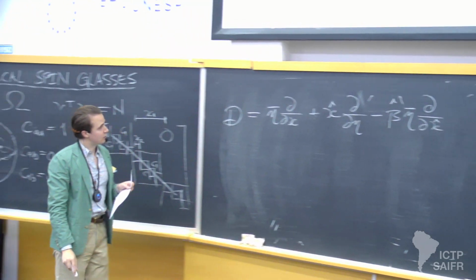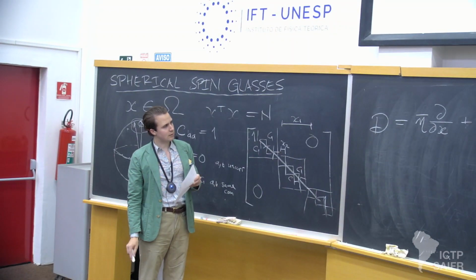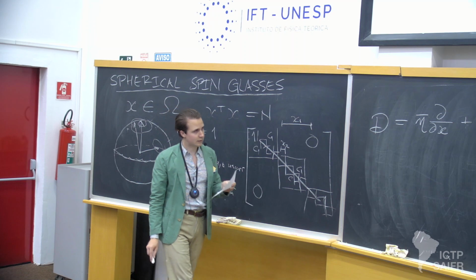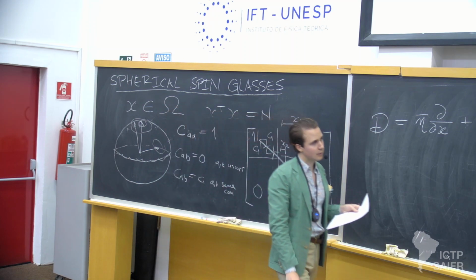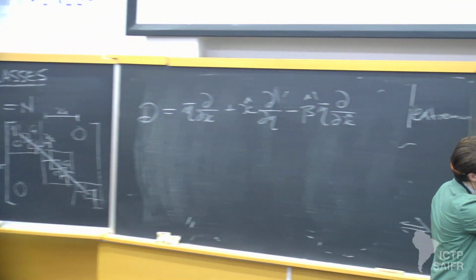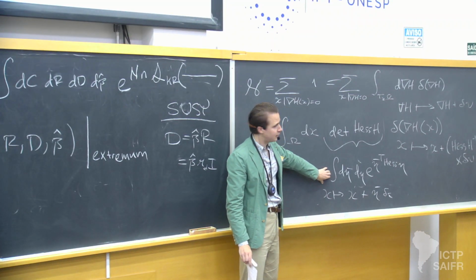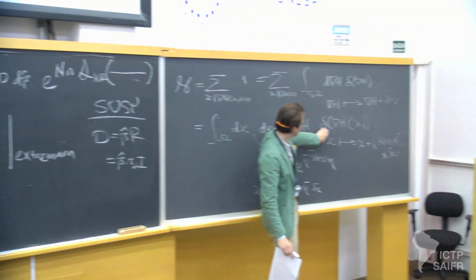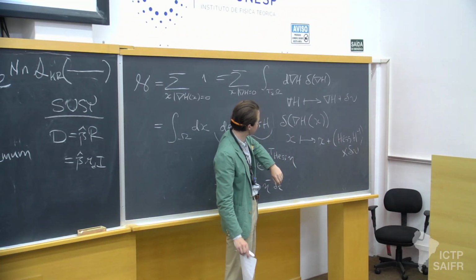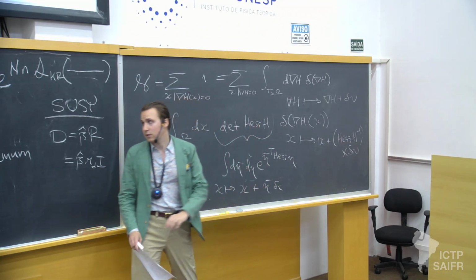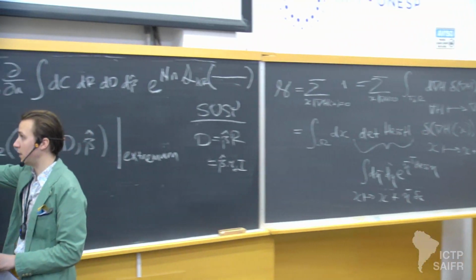You apply this to the action that you get when you take this equation here, replace the determinant with this Grassmann form, and replace the delta function of the Hessian with the exponential form I spoke about with the x hats.